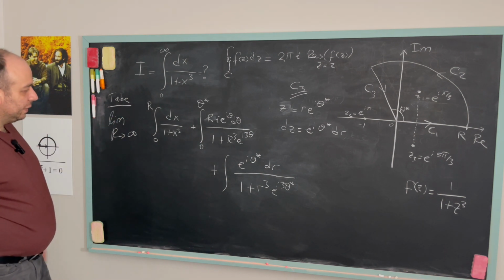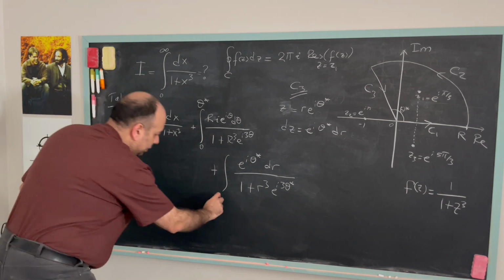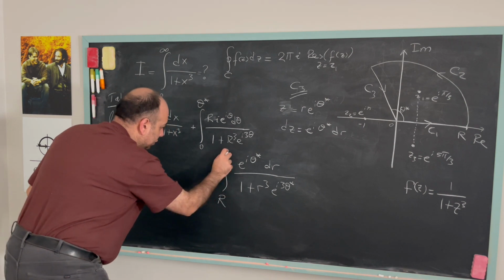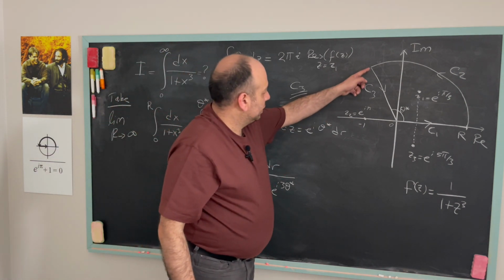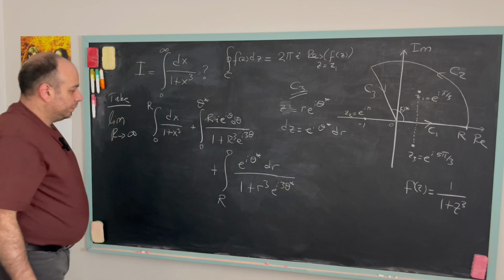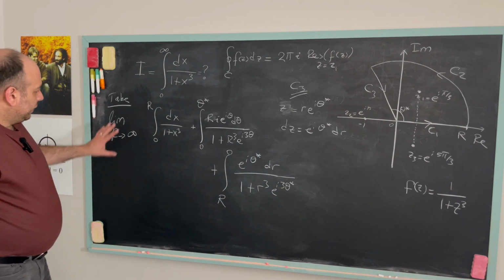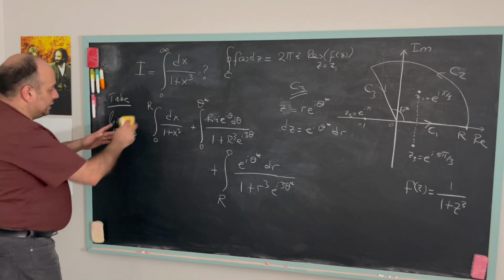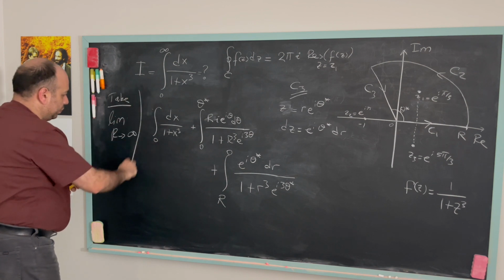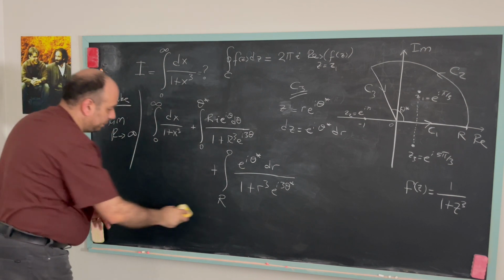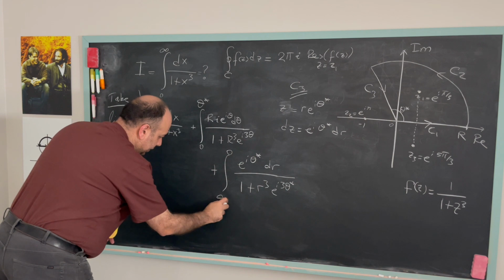By the way, here this little r changes from R to 0, so we move from here to here. When we take this limit, the upper limit here becomes infinity, and this lower limit here becomes infinity, right?